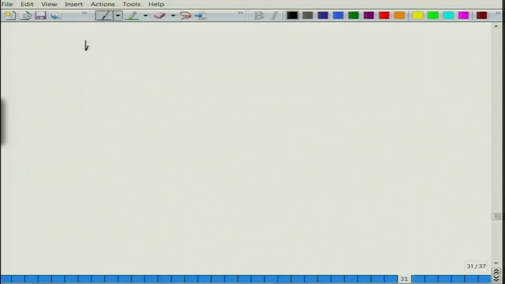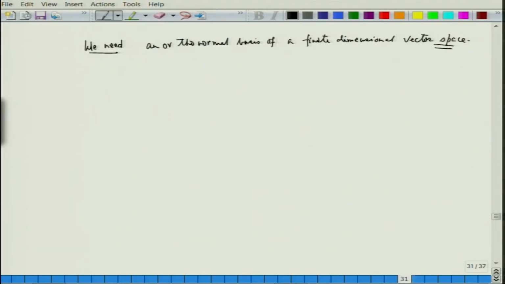Right. So, what we had seen was that we need an orthonormal basis of a finite dimensional vector space. Fine, we need this.